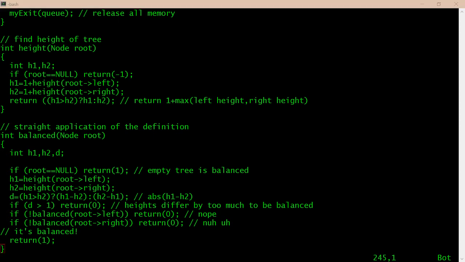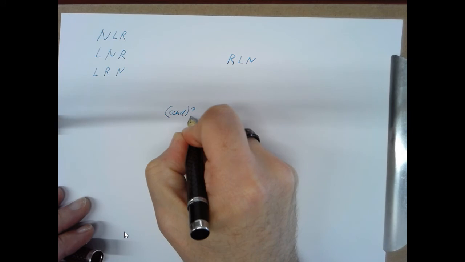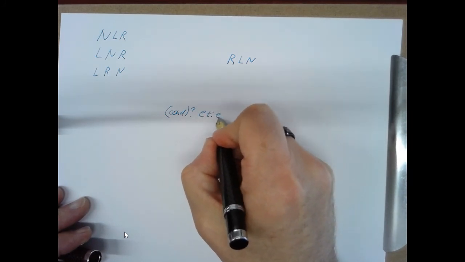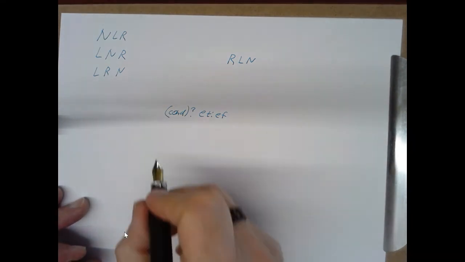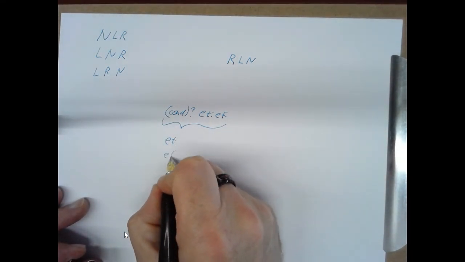That's a ternary operator. So you can say condition, question mark, expression true, colon, expression false. And this whole thing is equivalent to either ET or EF.